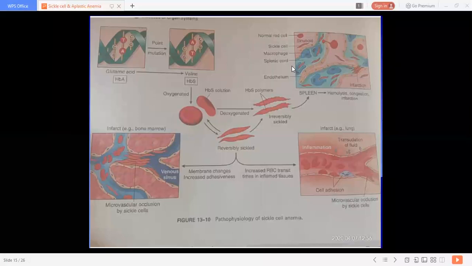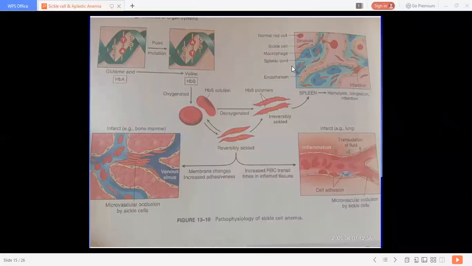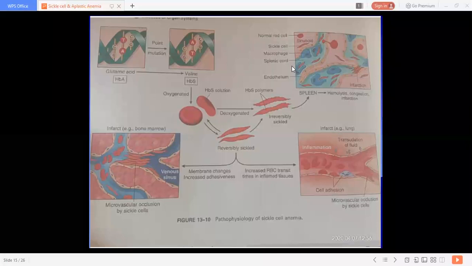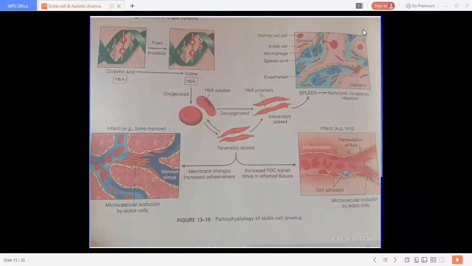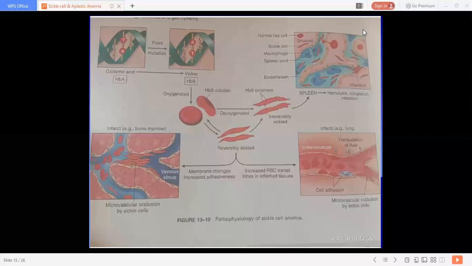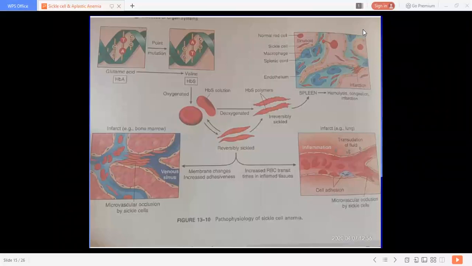So these are the clinical effects of this sickle cell anemia. Okay. So here the mononuclear cells reduce their lifespan considerably and give rise to hemolysis. Okay. So this is the clinical effect of sickle cell anemia.